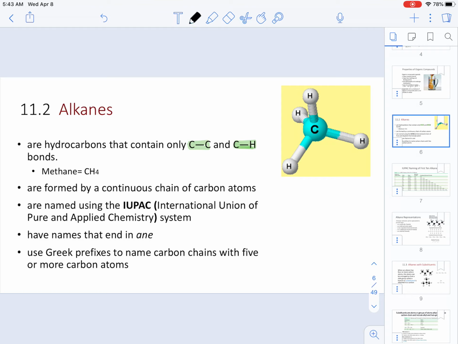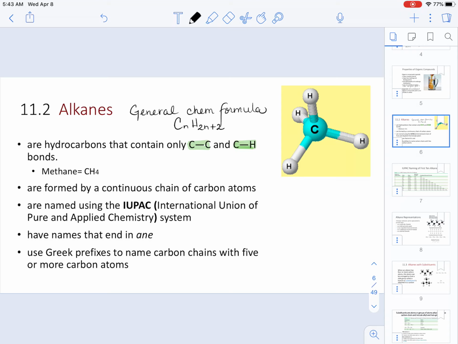So when it comes to alkanes, understand that they have the general chemical formula CnH2n+2. So what that means is that if we have a hydrocarbon, its chemical formula is going to fit that general formula.